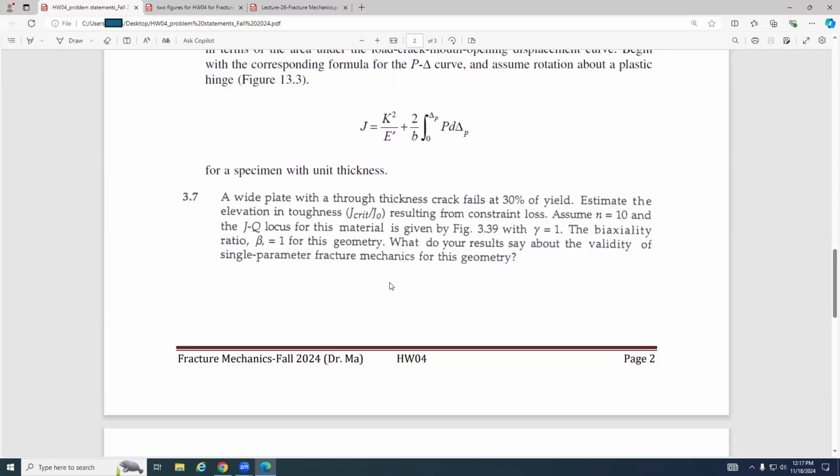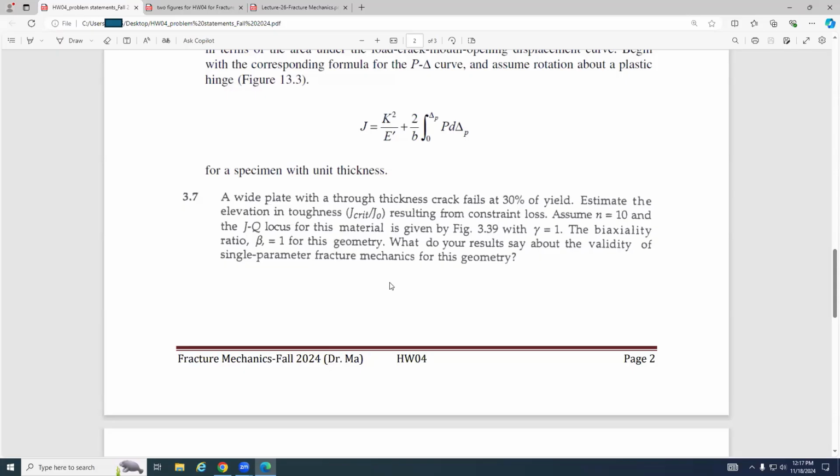For 3.7, we can recall from lecture 16 that we talked about small scale yielding.